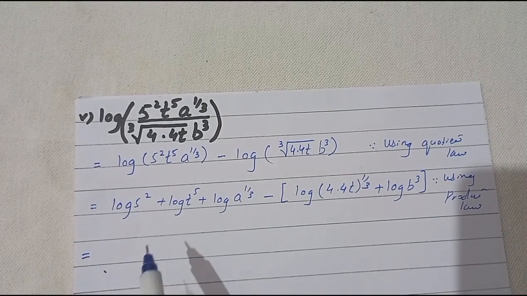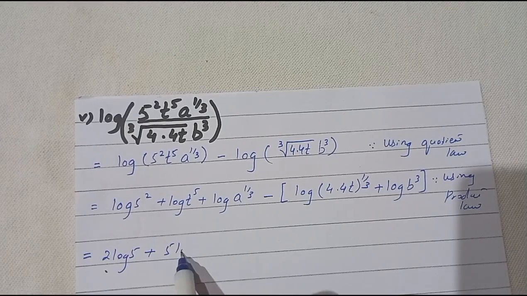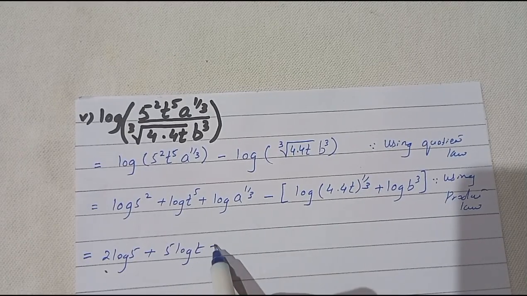So by using power law, the power 2 comes at start, that is 2 log of 5 plus 5 log of t, 1 by 3 power comes at start, 1 by 3 log of a.